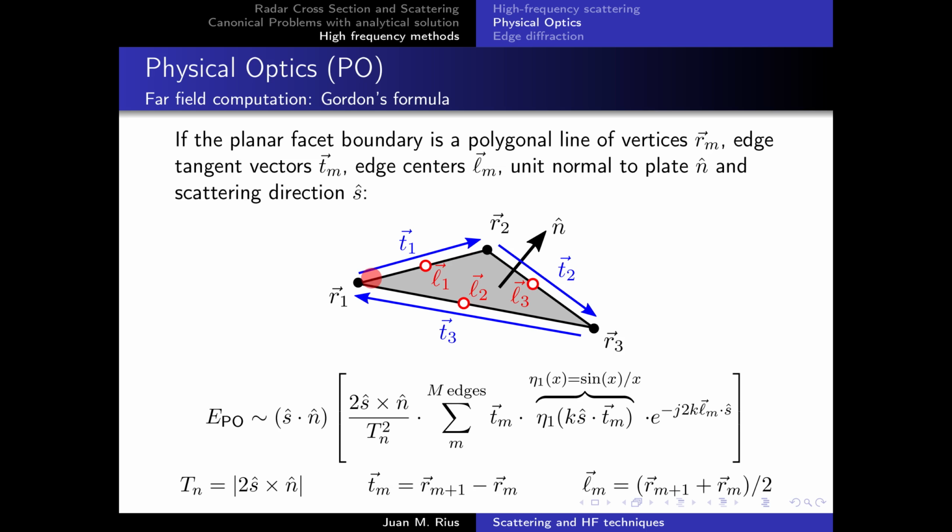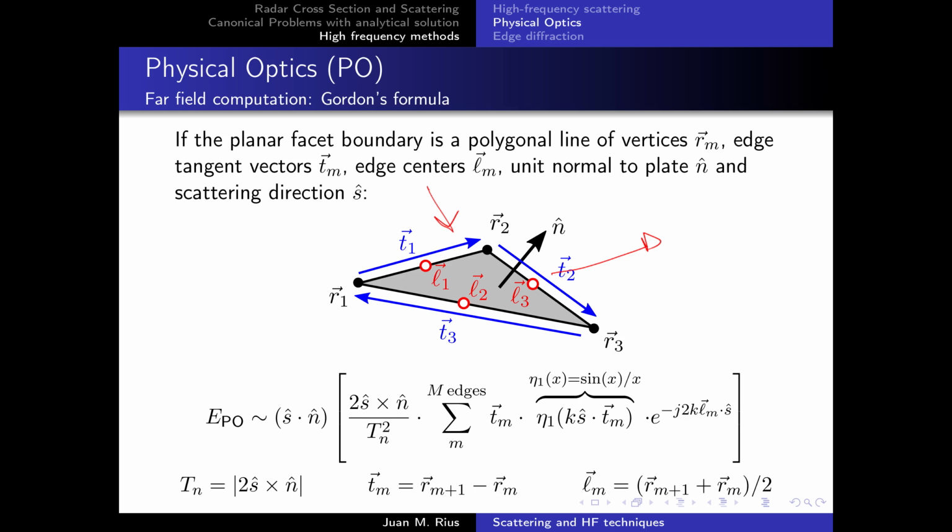This is because in a planar surface we have no specular reflection point except when the incidence direction is perpendicular to the surface and the whole surface is specular. Otherwise, when you have a direction of incidence and a direction of observation, the integral doesn't have a stationary phase point.